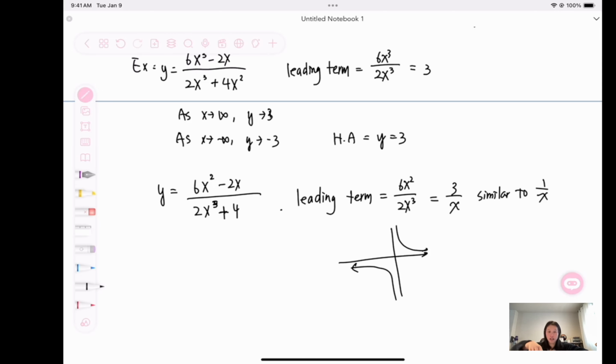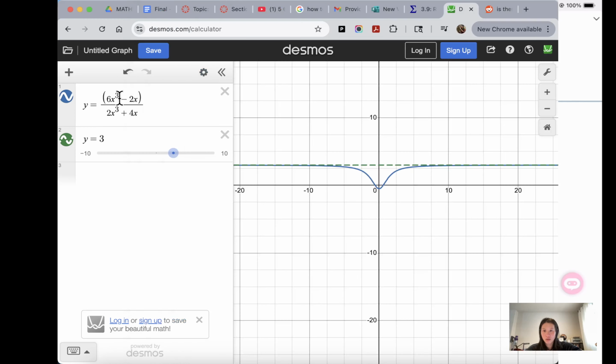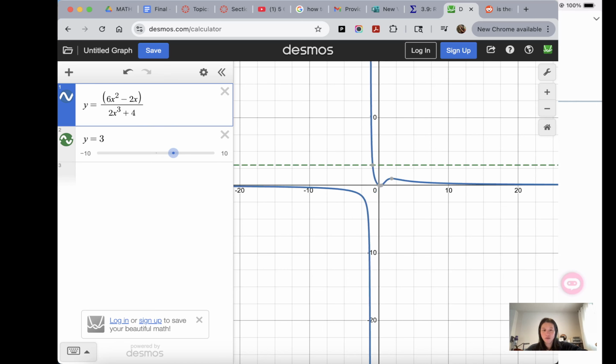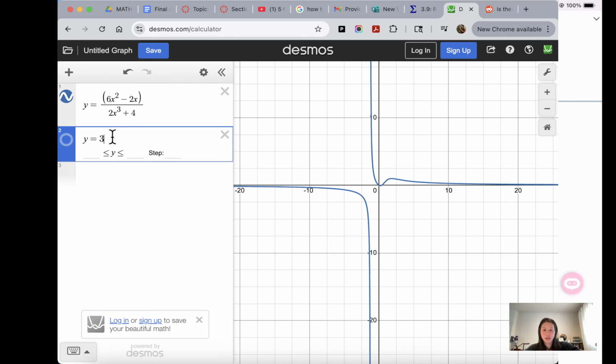So let's check on our graphing tool. If I change these to power 2, and then this becomes plus 4. Look at this. So what is the asymptote? If it's similar to 1 over x, the asymptote would be the x-axis.